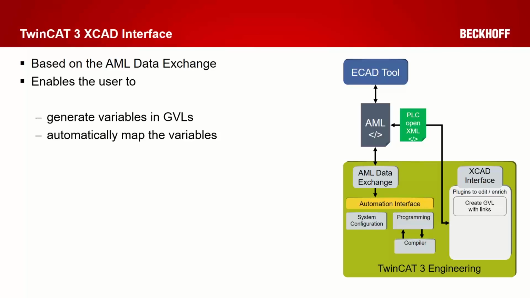And during the export, the ECAD tool automatically adds those information to a tag table, which then consists of all those different tag descriptions. And during the import, this plugin is parsing those information and is automatically adding the variables and is also mapping the variables to the I/O.